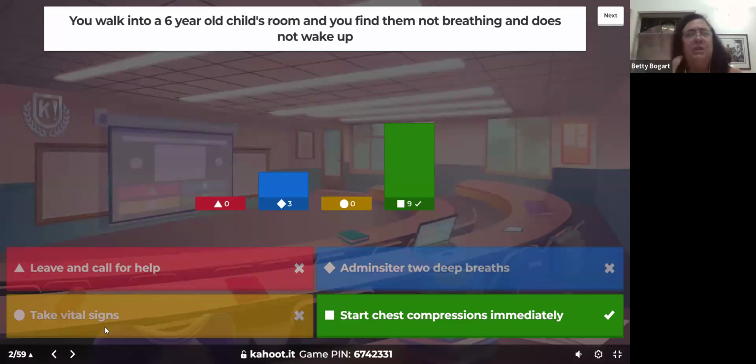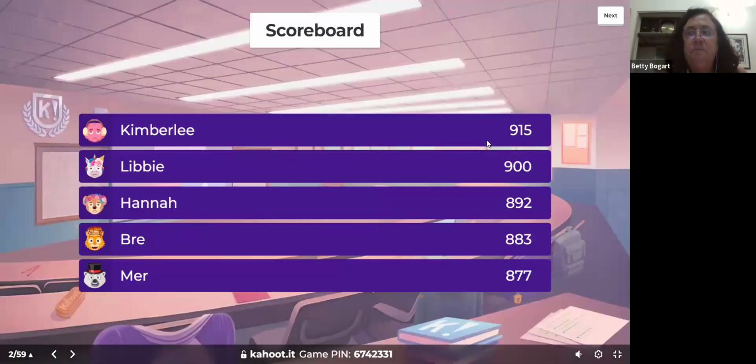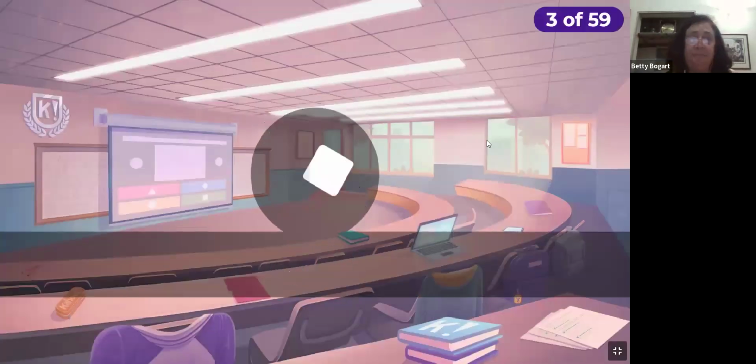They used to do the 2 deep breaths first, but they realized there's enough oxygen in your system you can go for a while. Realistically, in a hospital, there's buttons over the bed. You push the button and you start at the same time. But they say chest first. It's a scary thing to find.